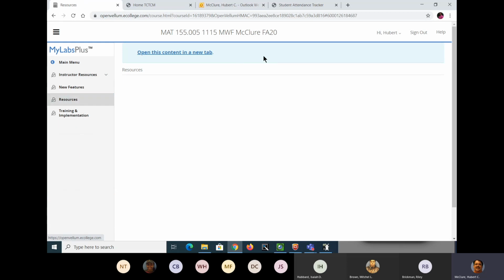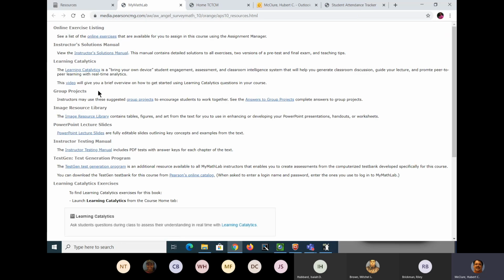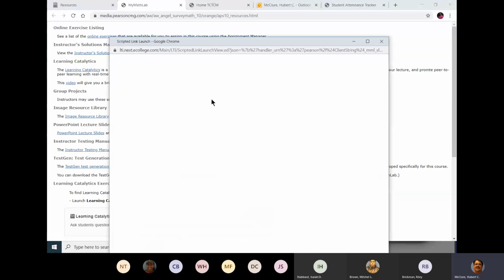Let's see, resources 6.3, which is applications. E-text, resources. Oh, I have to open resources in a tab now. I don't understand that tab thing.